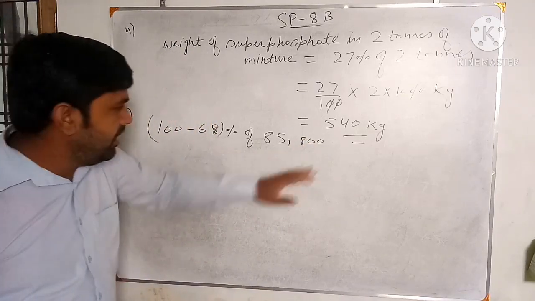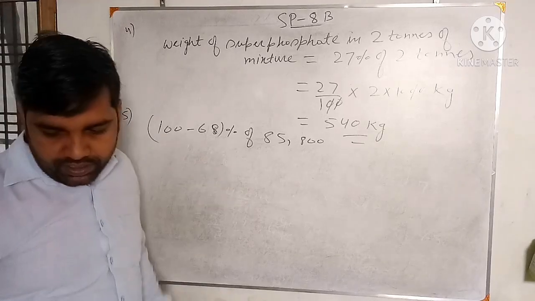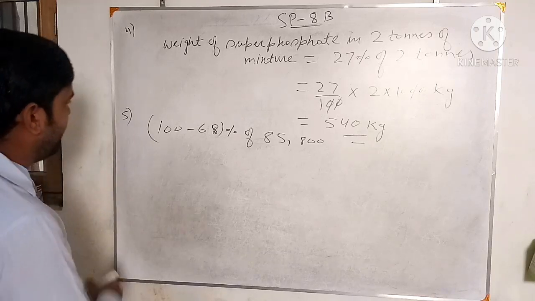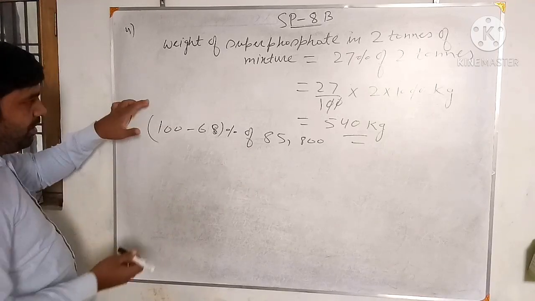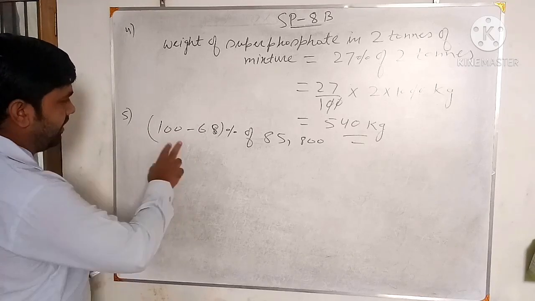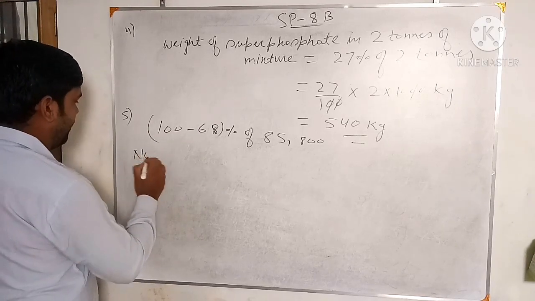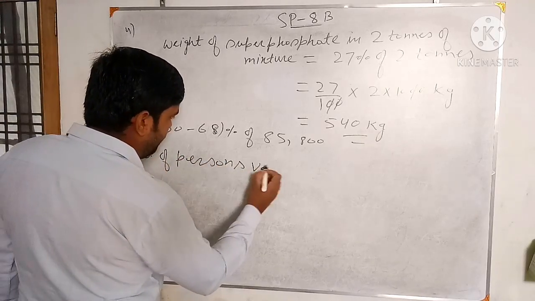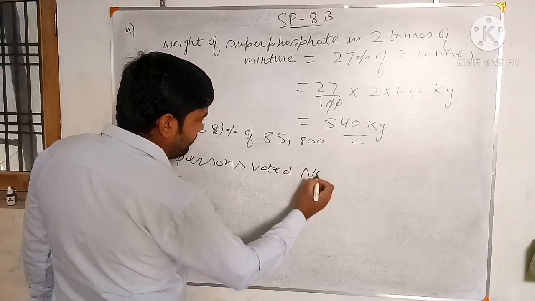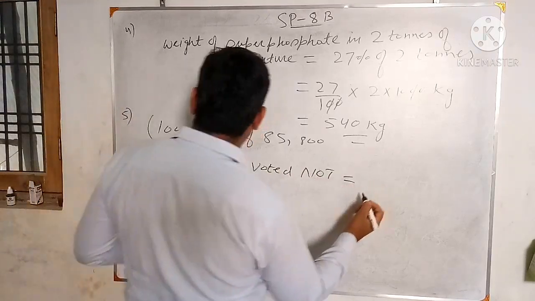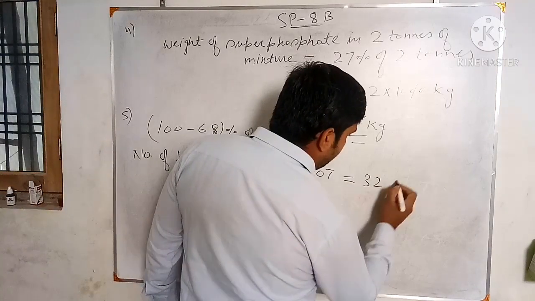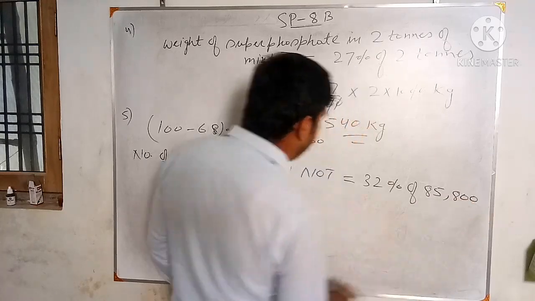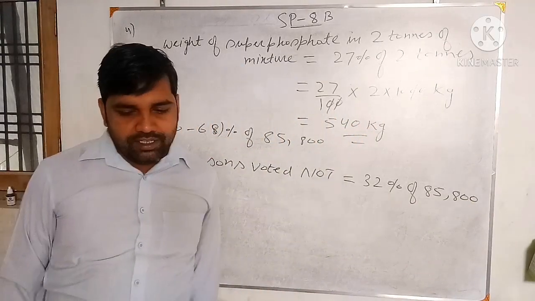Number of persons who voted no equals 100 minus 68, that is 32%, of 85,800. Now you will solve it and get the answer.